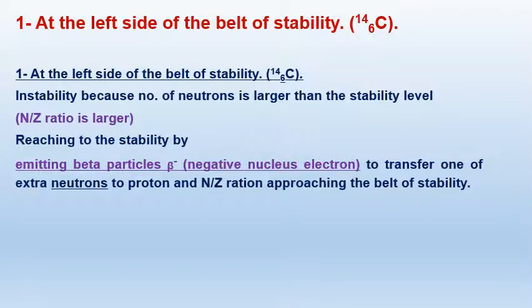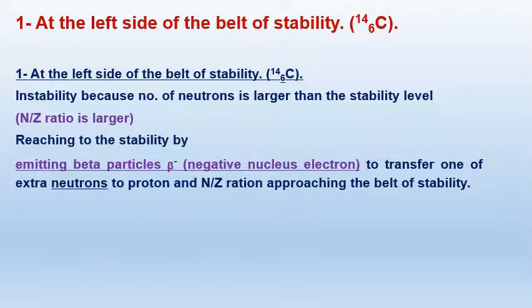The elements on the left side of the belt of stability, such as carbon-14 (C 6,14), are unstable elements.